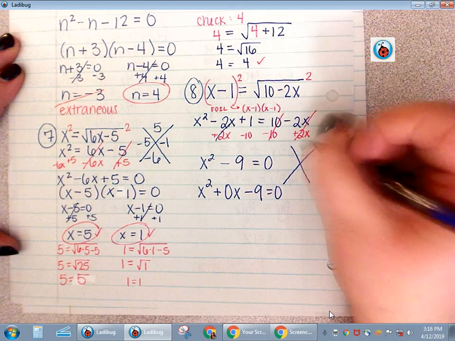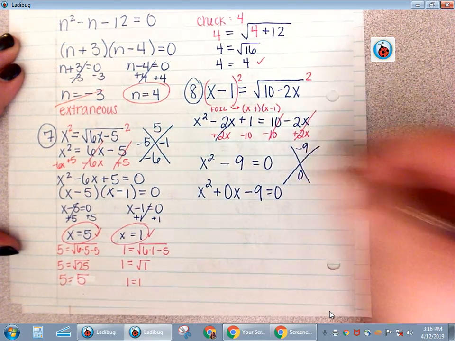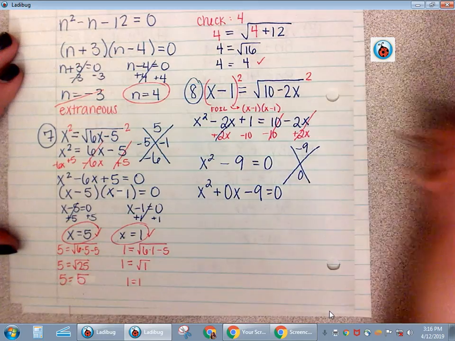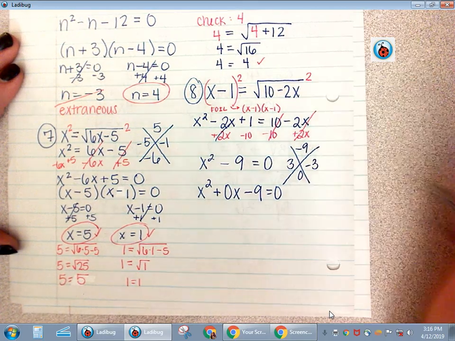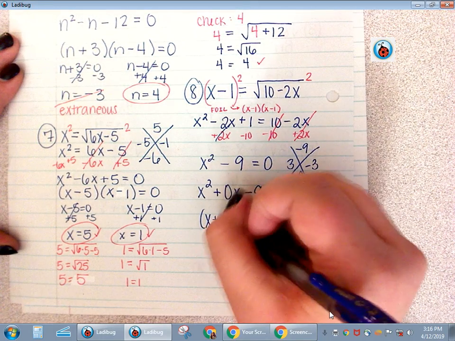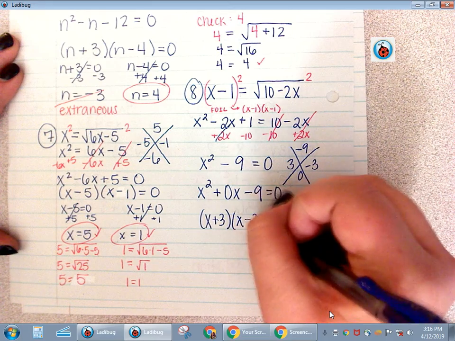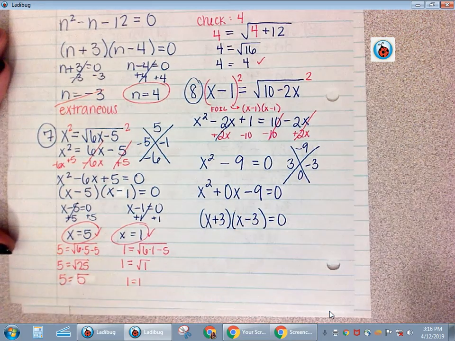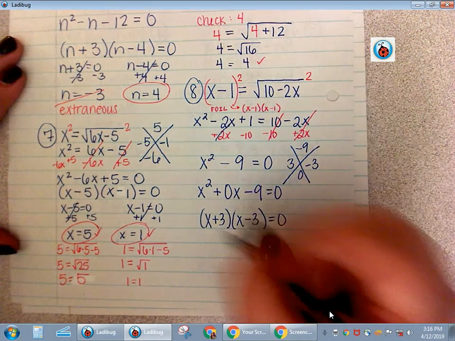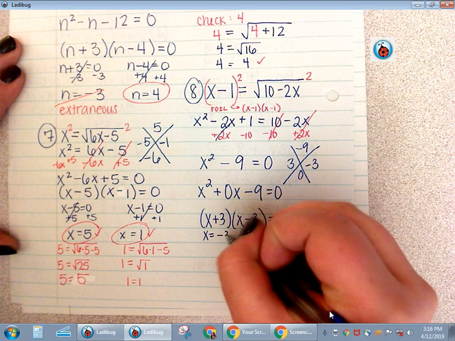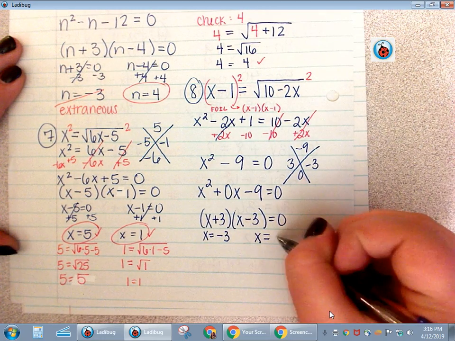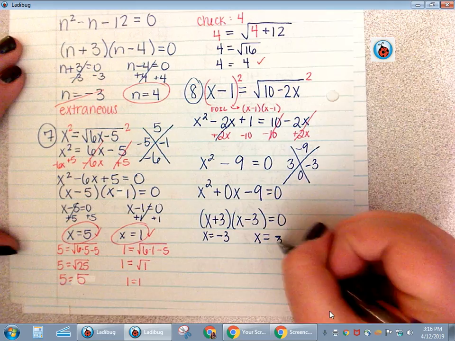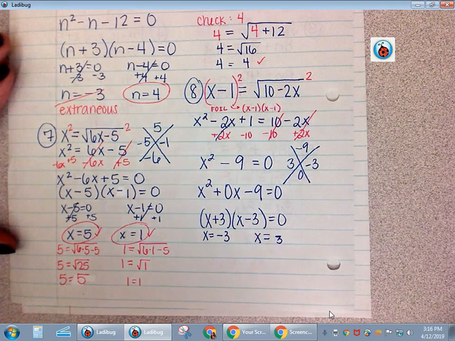And then you can see you're looking for factors of negative 9 that add to 0, which we will need 3 and negative 3. So x plus 3, x minus 3. This first one will give me an x equals negative 3. The second one will give me an x equals positive 3. And then we can check both of those.